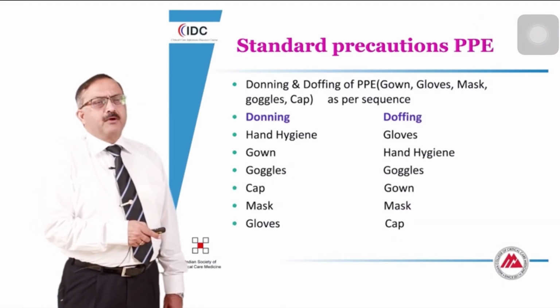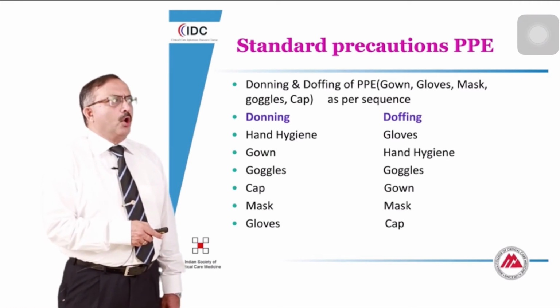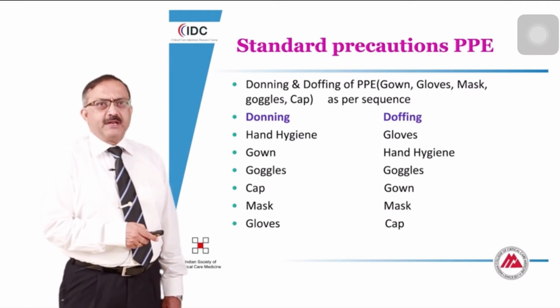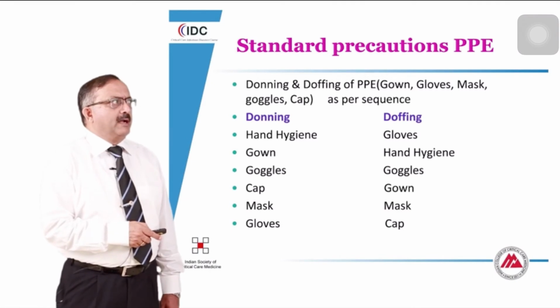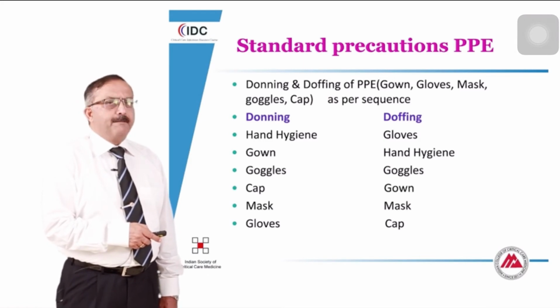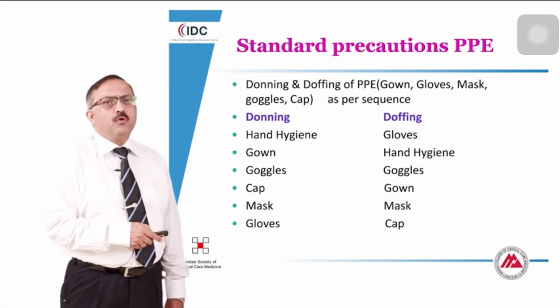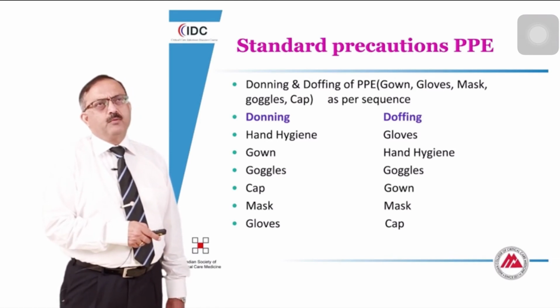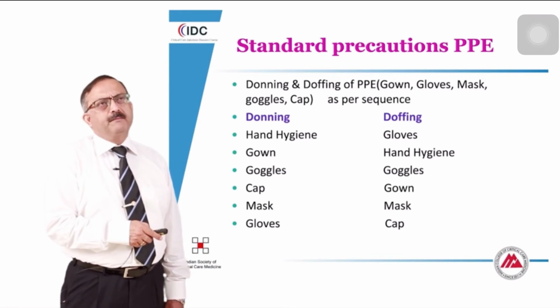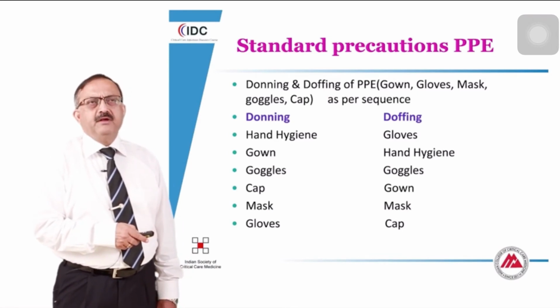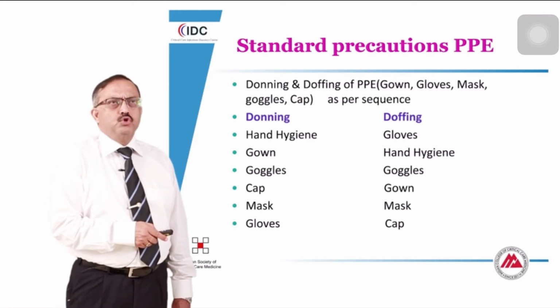These are the standard precautions for donning and doffing of personal protective equipment. While donning, the first step is to undertake hand hygiene, then you wear the gown, the goggles, the cap, the mask, and the gloves to be worn at the end. The last step is the gloves, because they are the site where any bacteria or organism should not be present.